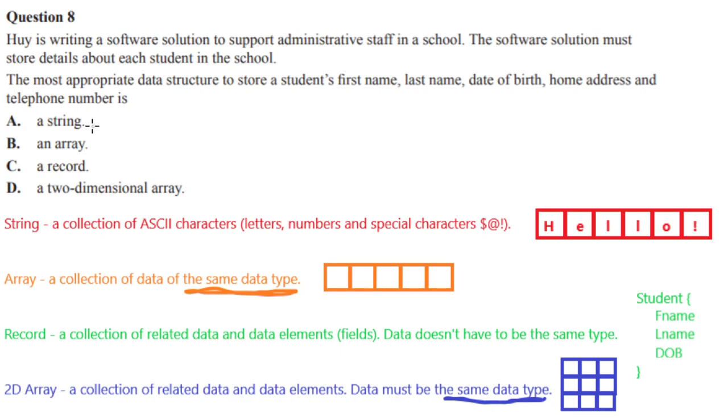So a string could store a student's first name, last name, date of birth. It could store all of that, but it'd just be one massive long string, which isn't good if you're trying to search just for the first name or just for the last name. It makes it very difficult for the computer to see.